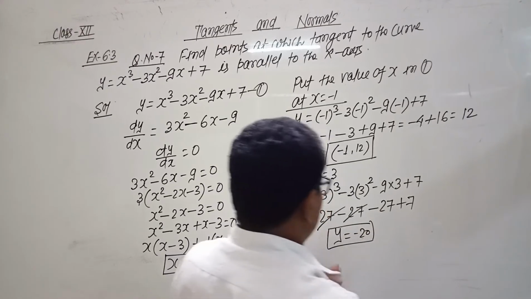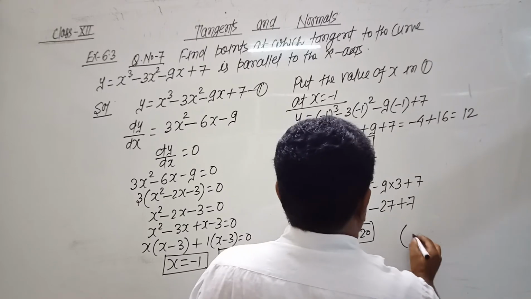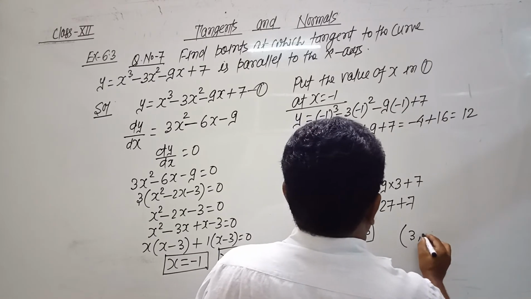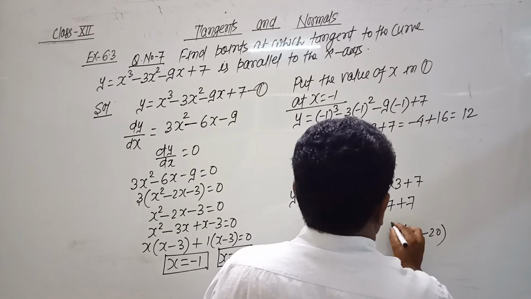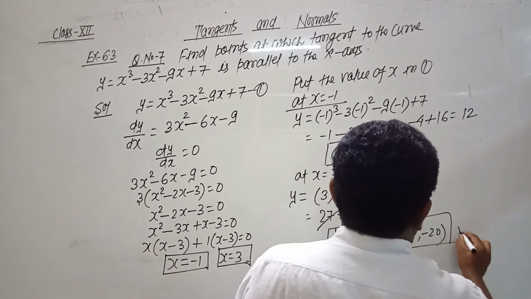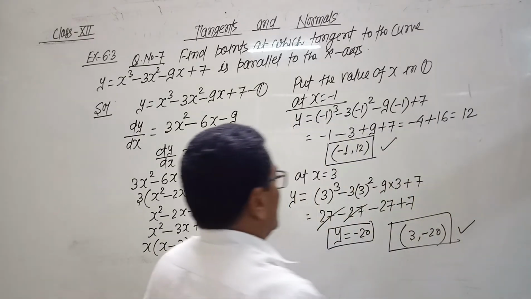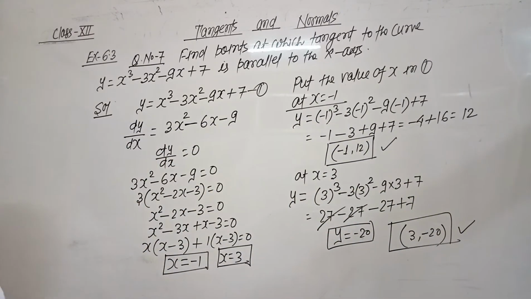So the other point is at x equals 3, the value of y is -20. So these are the 2 points: (-1, 12) and (3, -20). These are the 2 points at which the tangent is parallel to the x-axis.